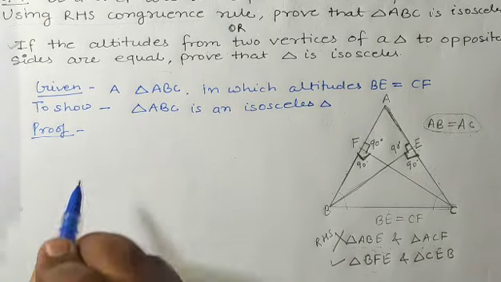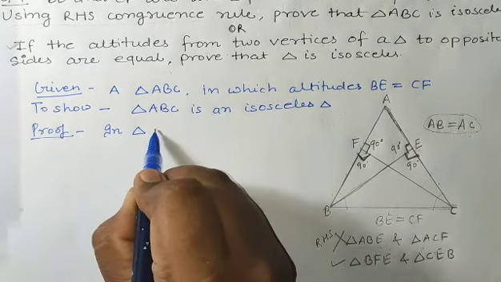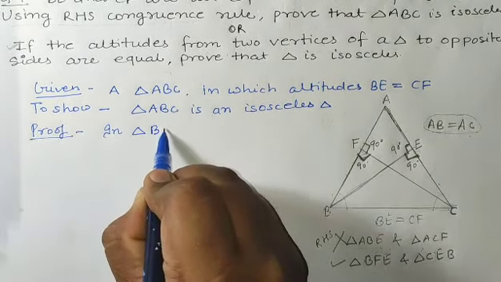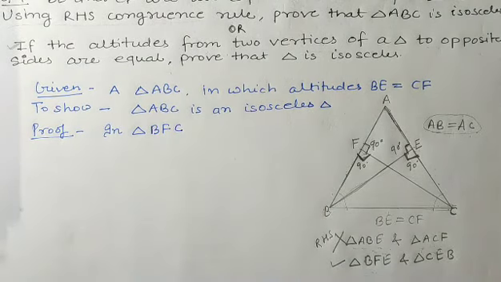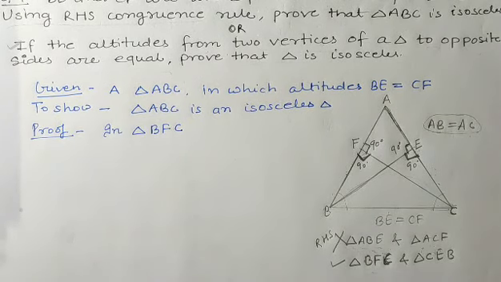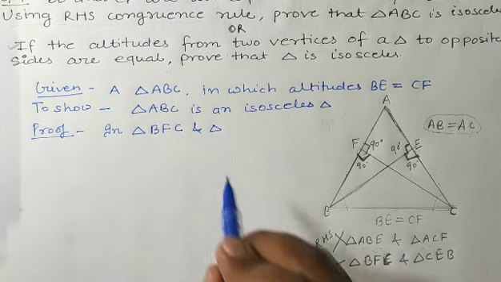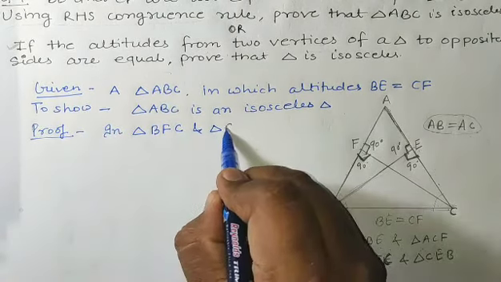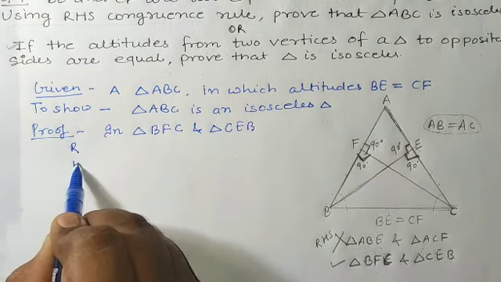So taking this pair will work here. We'll write: in triangle BFC and triangle CEB, we have to show it by RHS.